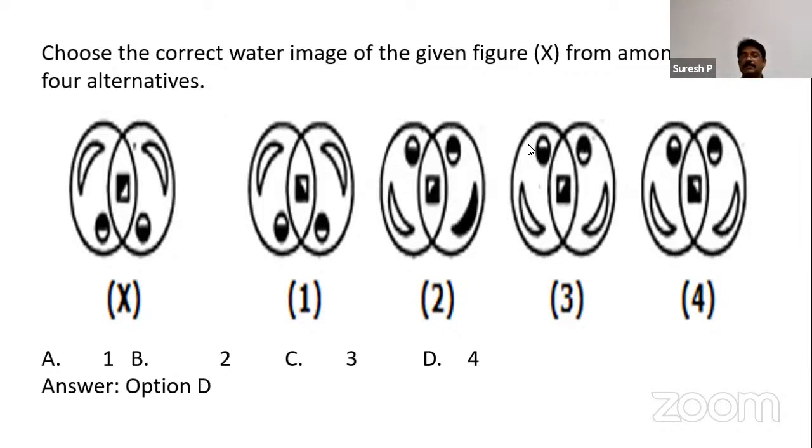These two seem to be very similar, but here it is in this direction and there it is in that direction. See, a small change also gives a difference. So you have to observe carefully, and option D is the correct option. In this manner, you have to find it. Now coming to the next one.